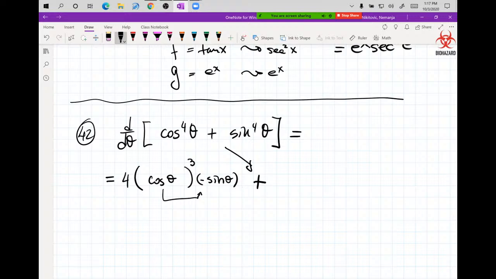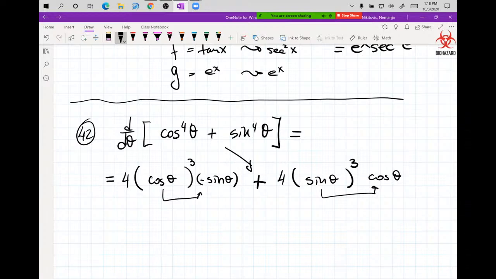Plus, and rinse and repeat for sine. Again, it's like x to the fourth, and the derivative of x to the fourth is 4x cubed. Now the mess in here is sine theta, and the derivative of that in a chain is cosine theta.